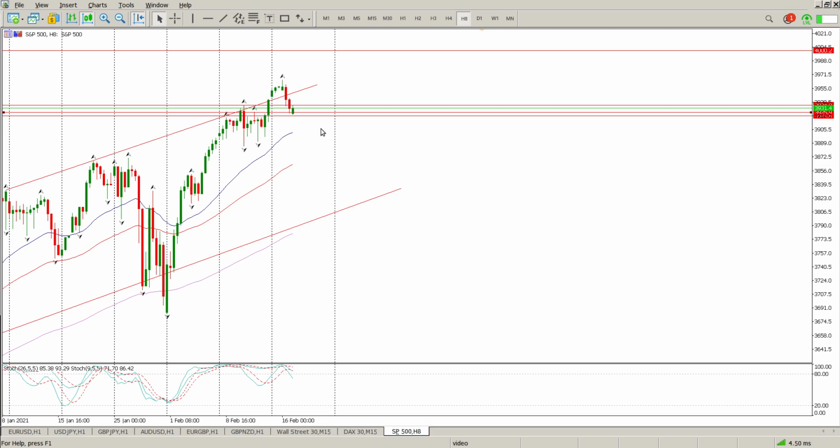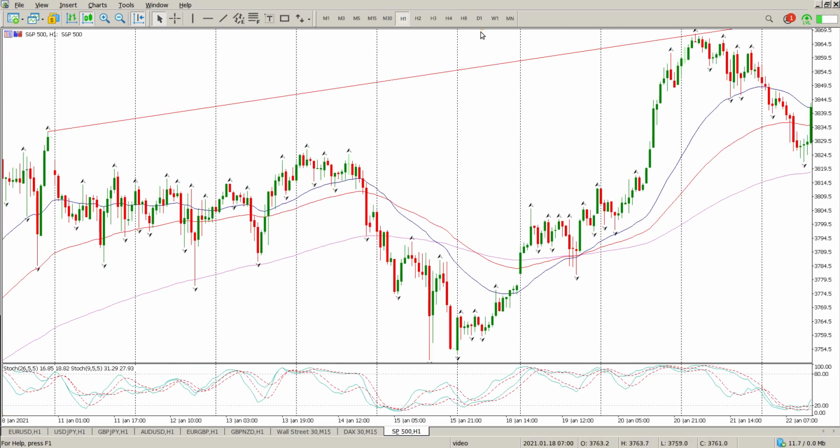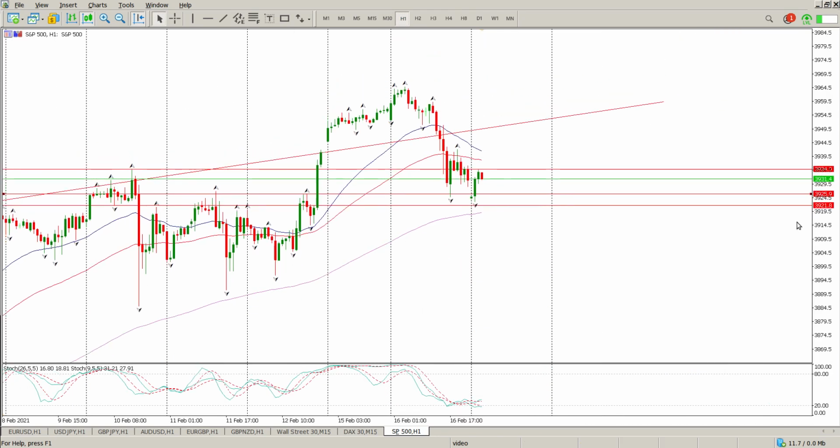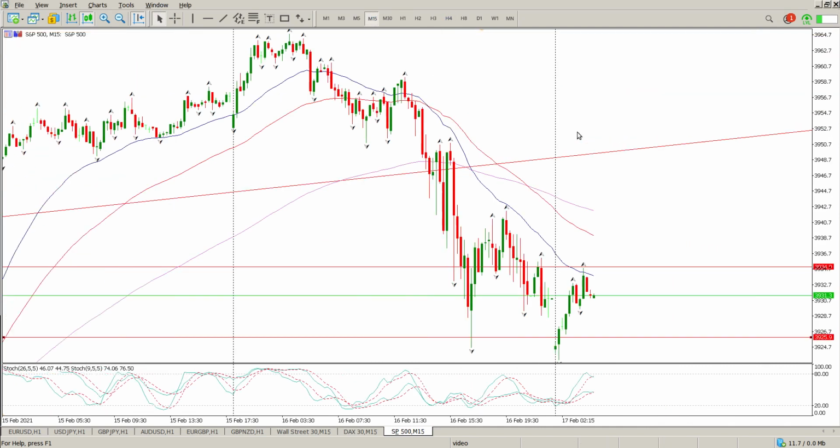A little bit annoyed with myself that I don't follow my own rules, but that's what we all do. The trick is just to try and force it into your brain to follow the rules and don't get greedy. And that's pretty much what happened with me. My first entry was right at the top, on these pin bars here.